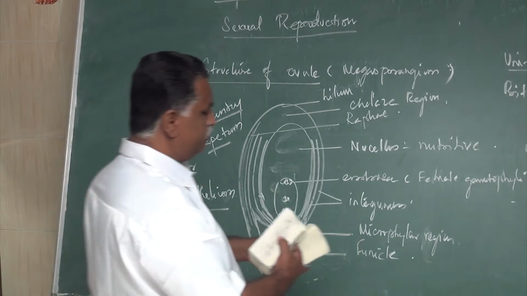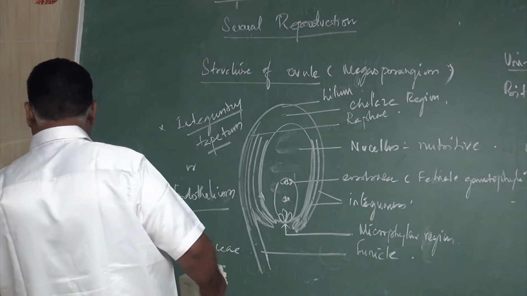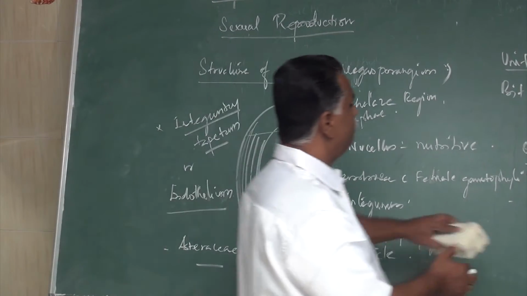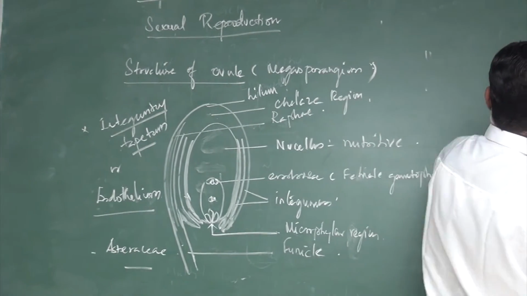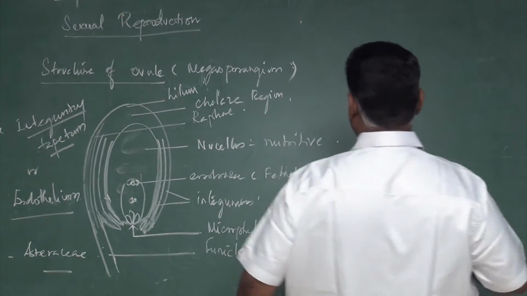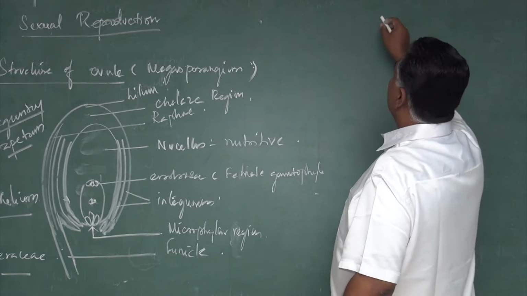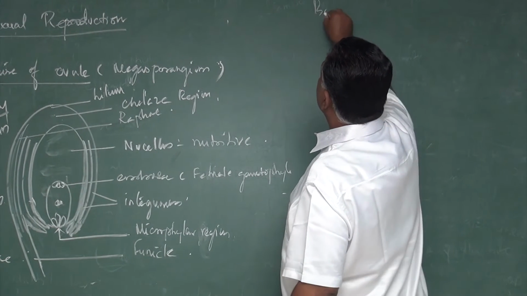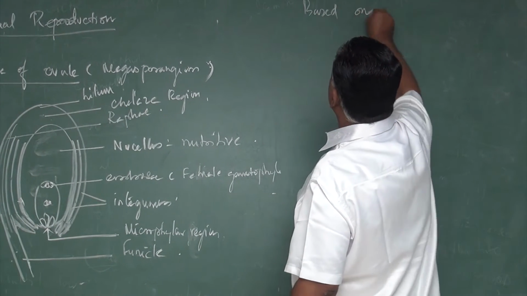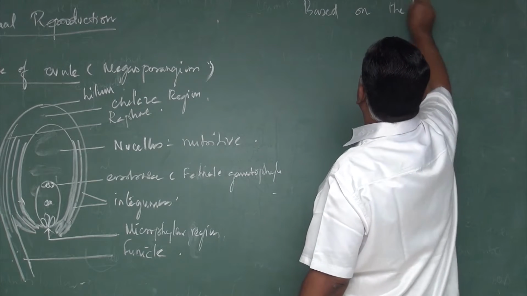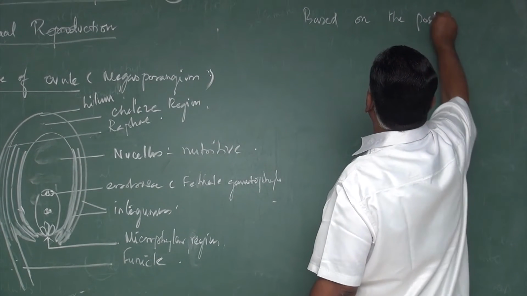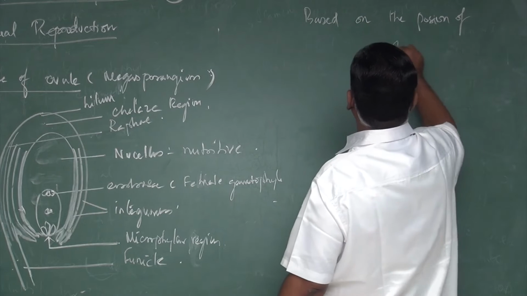The next classification is based on the position of the sporogenous tissue.